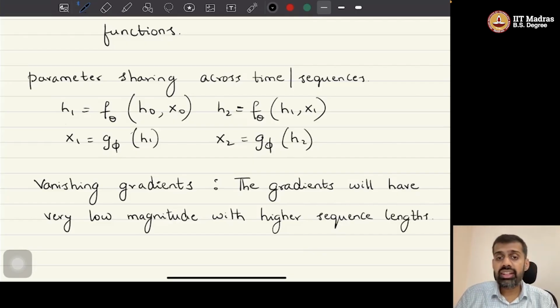We'll not go into details because, as I said, this is only an overview of how the literature progressed. What happens is, since the parameters are shared across time, suppose you have a very long sequence, while training these architectures using gradient descent, the same parameters have to be multiplied multiple times while computing the gradients.